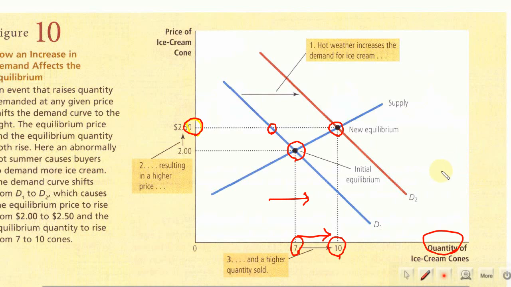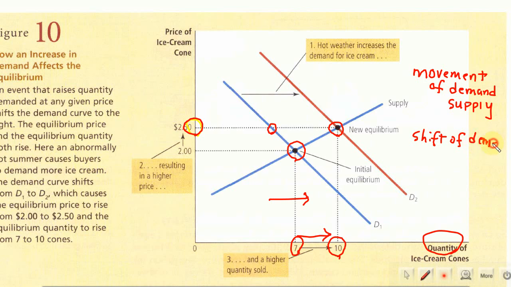What is the distinctive thing? When I ask you in my assignment, movement of demand or movement of supply, and shift of demand and shift of supply, these are different.